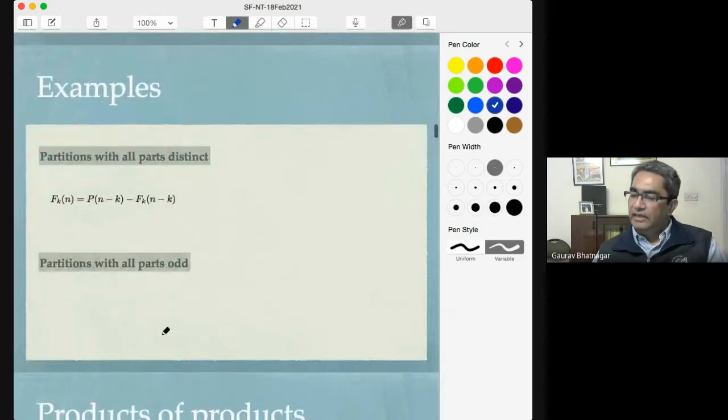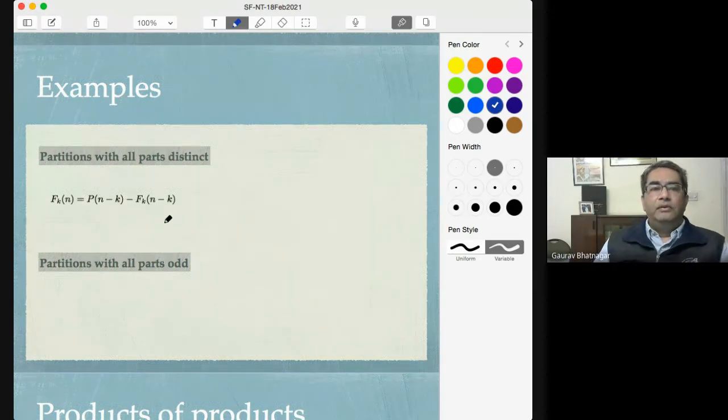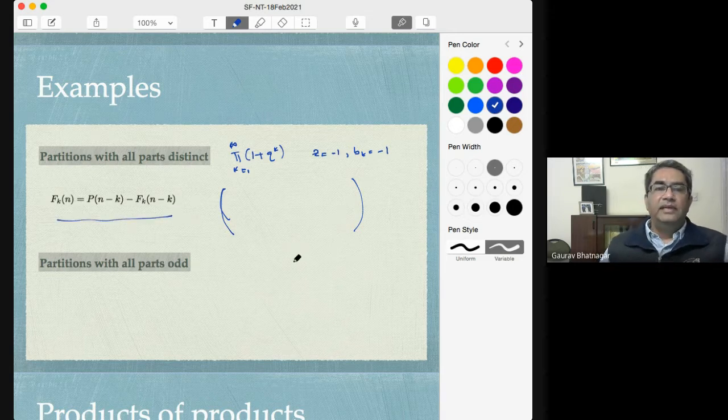Just a quick example: partitions with all parts distinct. How do you generate them? You generate them by the product of 1 plus q to the k, for k going from 1 to infinity. So here z is equal to -1, and all the b_k are also equal to -1. This is what the frequency relation boils down to in this case.